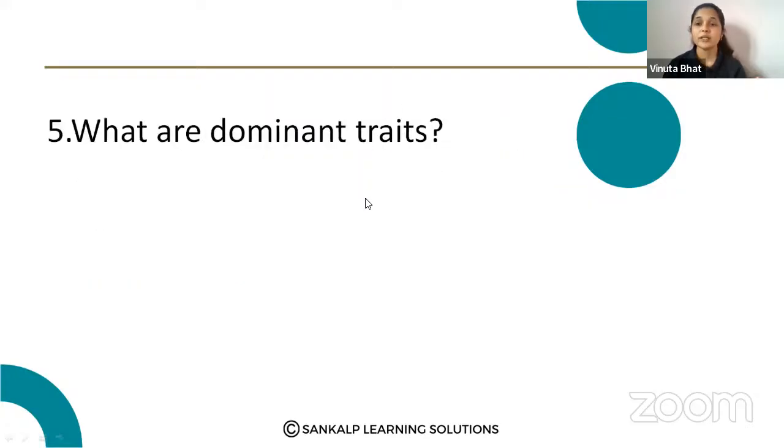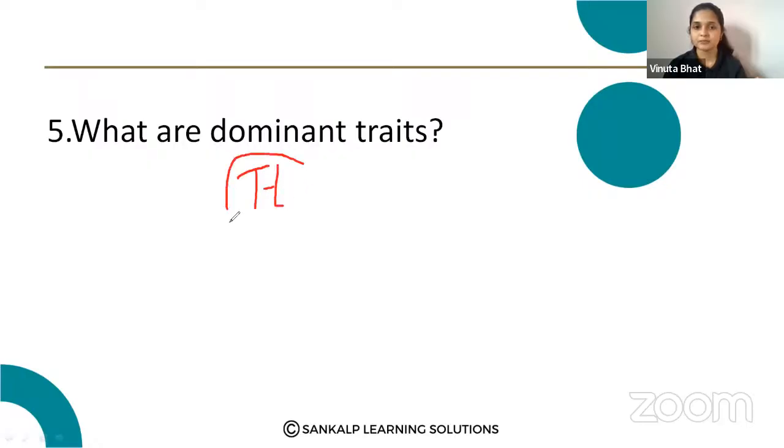Next question. What is dominant trait? Already I used this term, dominant, recessive. Dominant trait means the trait which is expressed. For example, the tall plants which have capital T and small t.